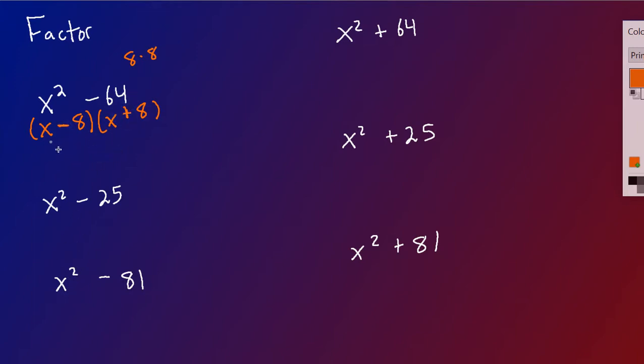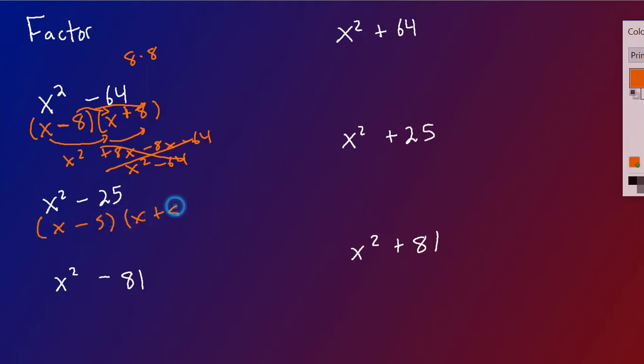And if I were to check this, I would get x squared plus 8x, -8x, -64. And then when I combine those, x squared minus 64. Now that was just my check to show that that's actually what it is. I don't need to actually do that. So when I factor all of these, they come out basically the same. And all I'm doing is taking the square root of 25, the square root of 81. So pretty simple right there.